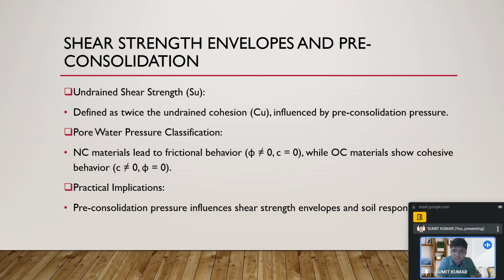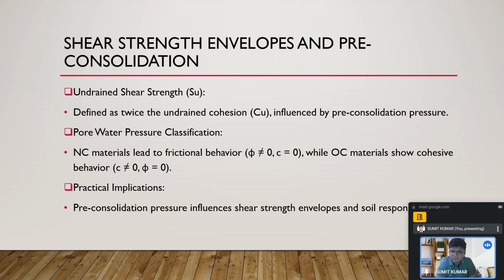These aspects were already stated earlier in a slide today, where we specifically discussed NC and OC, their definitions, and what we mean by over-consolidated and normally consolidated. I also showed you two graphs relating strain and deviatoric stress, representing loose and dense soil, and respectively the normally consolidated and over-consolidated soil. Those interrelations are equally important.